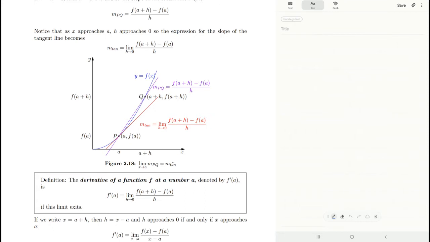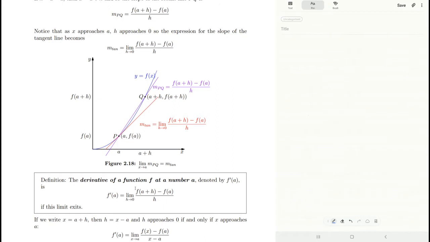Now, because this type of expression appears quite often in the sciences, we actually give it a special name. We call this the derivative of a function f at a number a, and it gets its own notation, which is f prime of a.